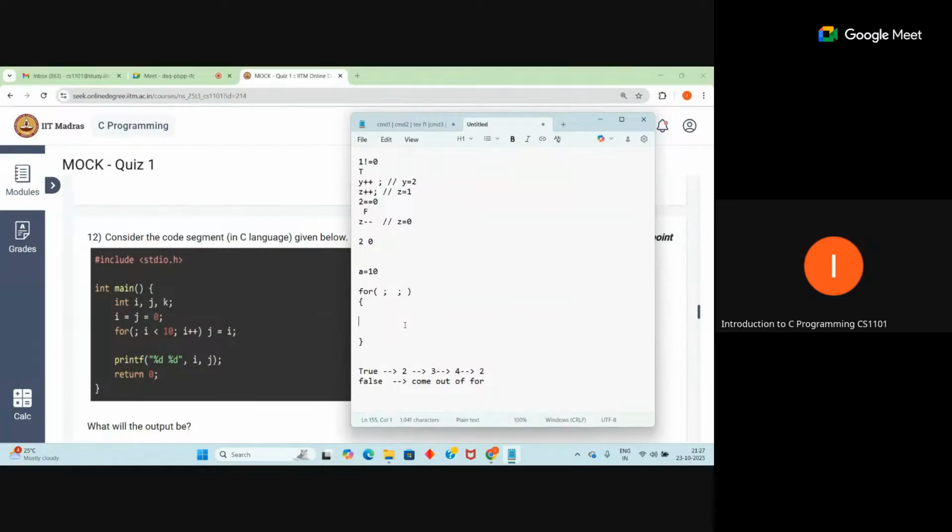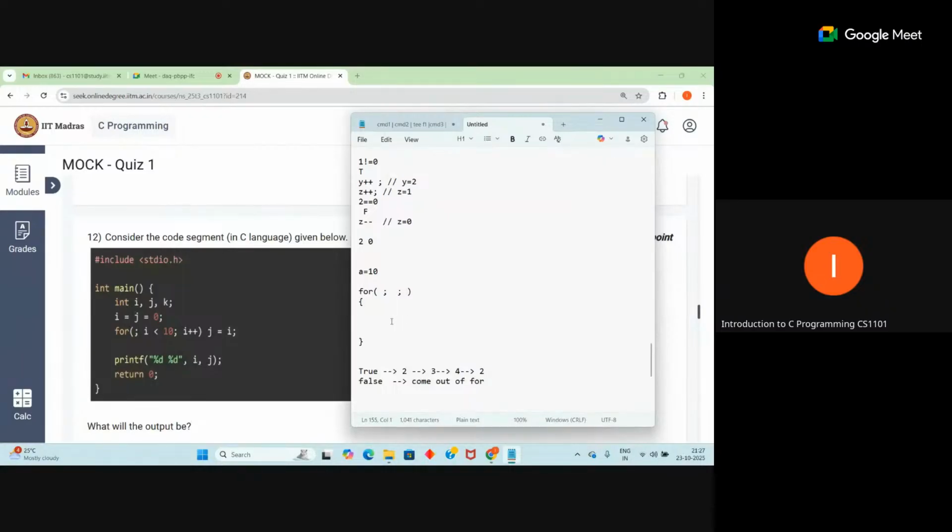So this is one of the ways to write an infinite loop. You can write condition, increment, decrement and omit the initialization, or write initialization and increment, decrement and omit the condition, or omit the increment, decrement and write initialization and condition, or write any one or all the 3.